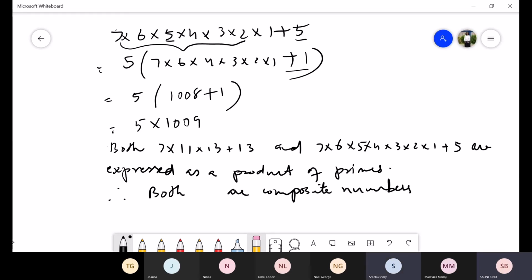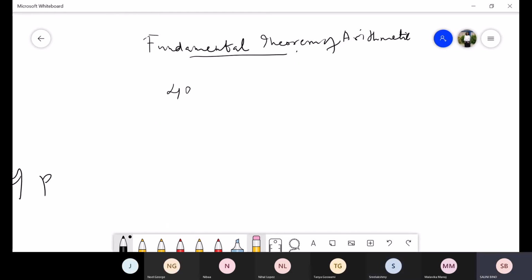Ma'am, can you show the prime factorization of 1009? So just tell me what the factors are. 4095 is equal to 5 into 3 into 3 into 7 into 13, right? Correct. If I write 3 into 3 into 5 into 7 into 13, that is also correct. Even if you change the order, we get the same factors.